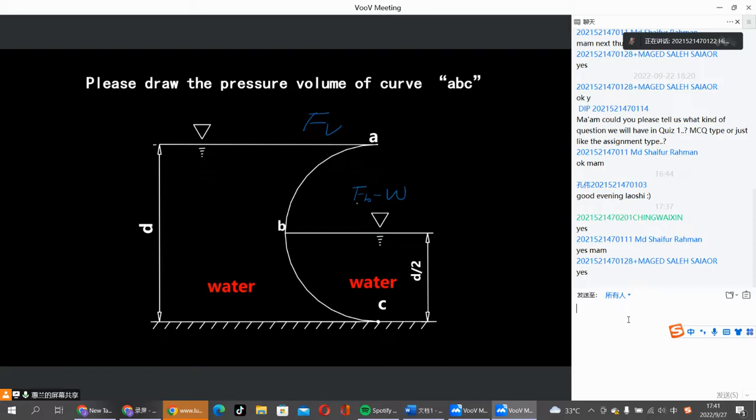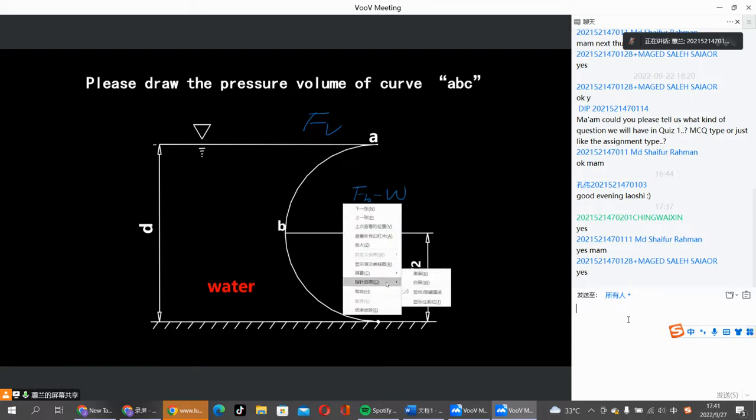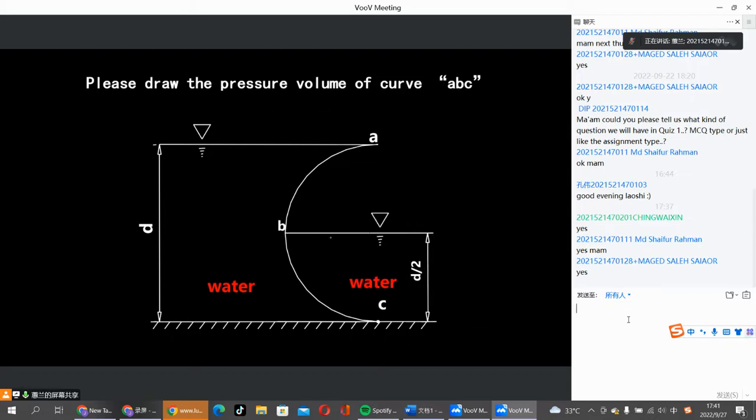Yeah, I know, but we don't need to do this every time. I just ask you how to help. We just try to show you how to find out the horizontal and the vertical, right? So we use the fluid block right here, and then you got F1, you got F2, right?